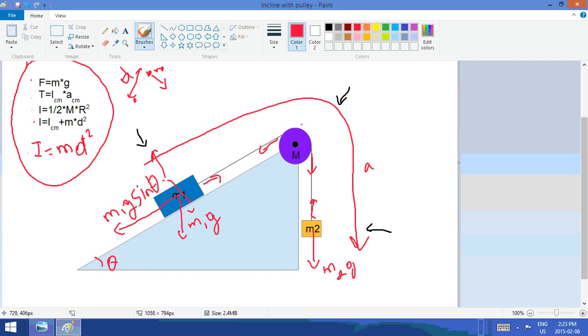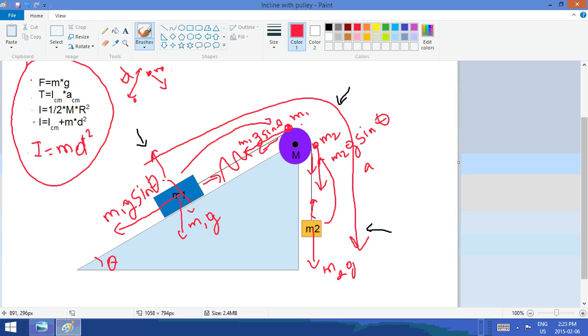Basically, what we model is that this rope brings the mass M1 to become a point mass at a radius r, and M2 becomes a point mass at a radius r, and the forces acting on it will be M1 G sine theta, and another force acting this way, which is M2 G.